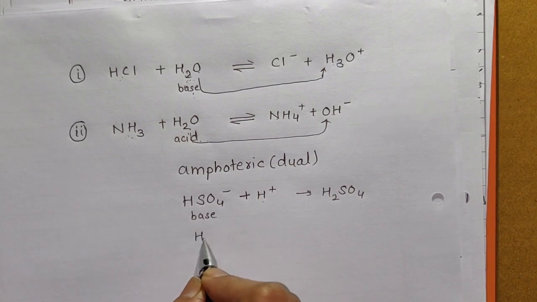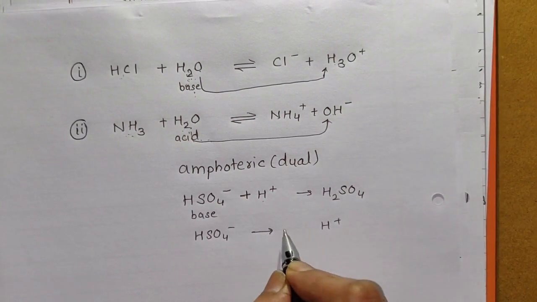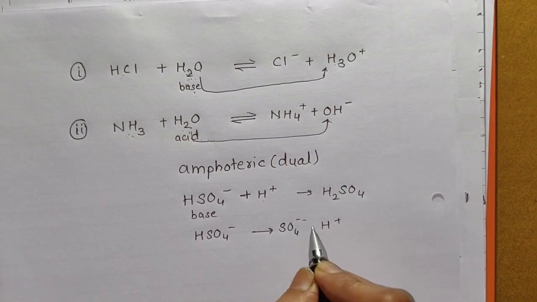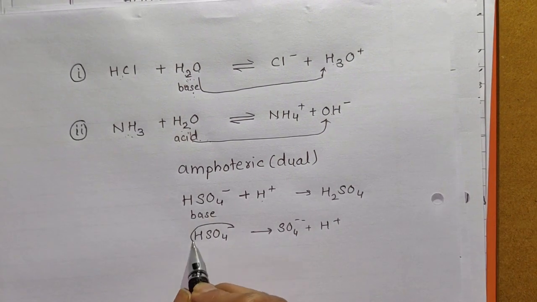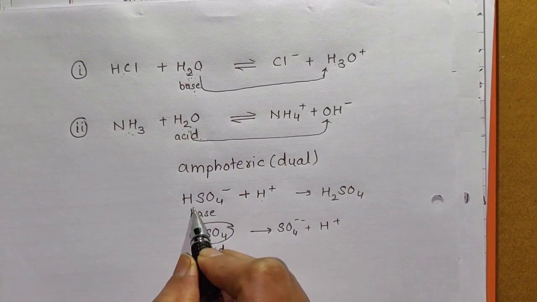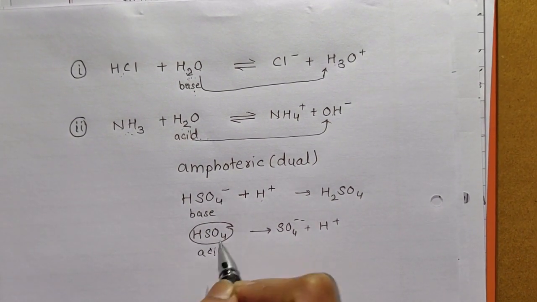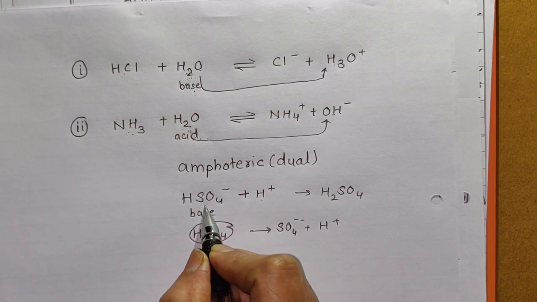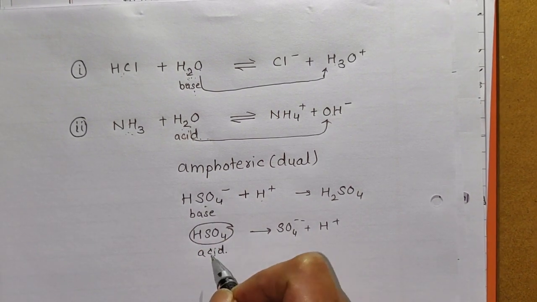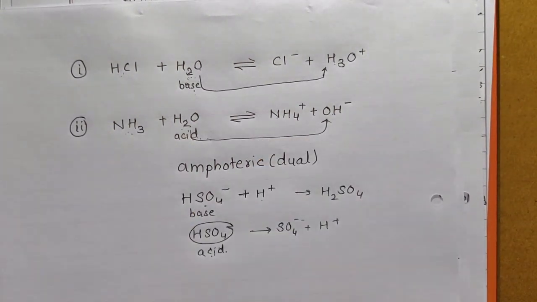And again HSO4 minus can donate proton and get converted into SO4 minus minus. Like this, HSO4 minus acts as acid as well as base. So it is also amphoteric in nature. Like this, there are other amphoteric substances which we can see in the next slide.